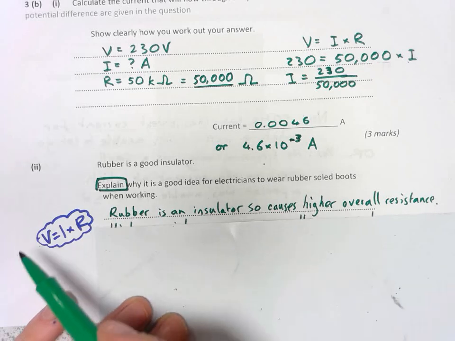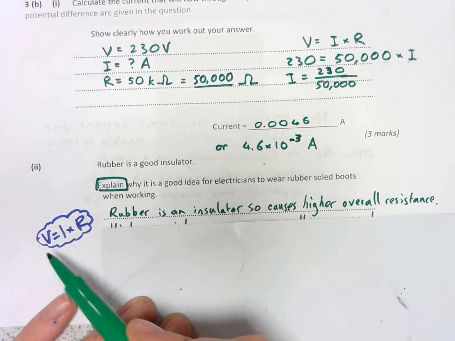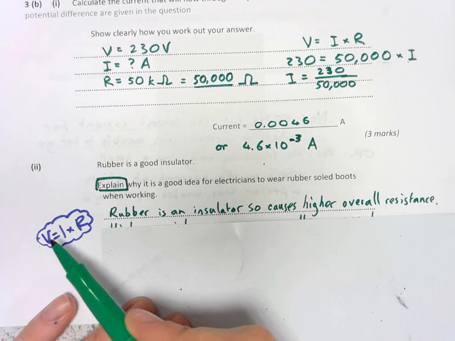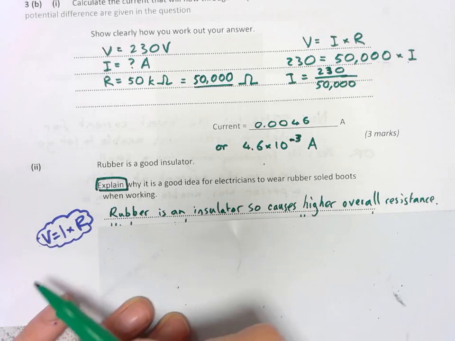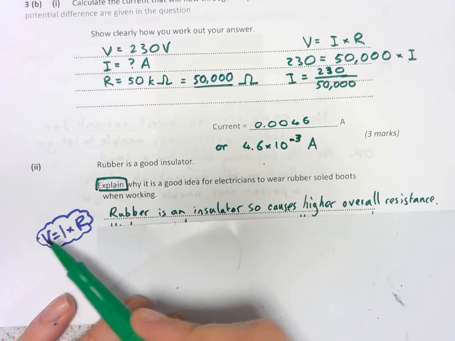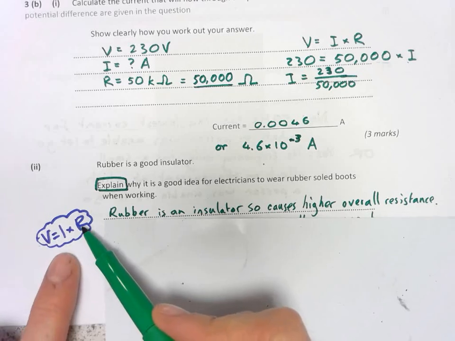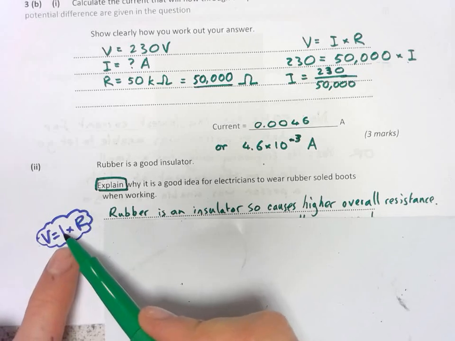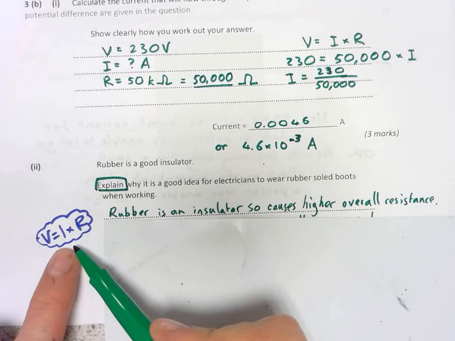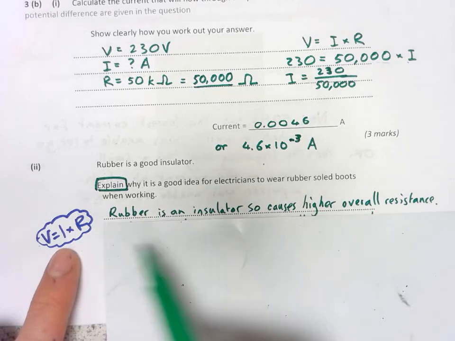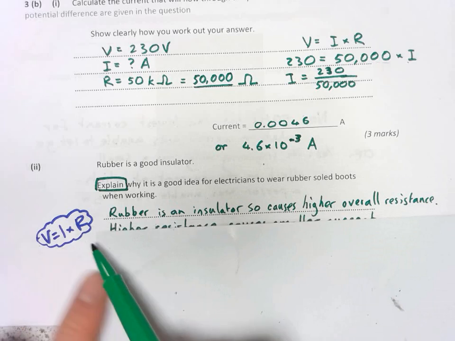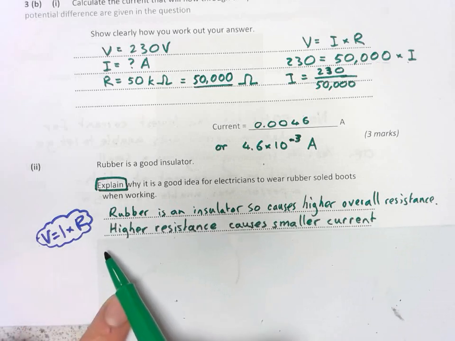Higher resistance, if we remember V equals I times R, if you've got the same potential difference, which in this case is 230 volts, so you've got the fixed potential difference, if your resistance goes up, your current must go down. So, higher resistance causes smaller current, or less current.